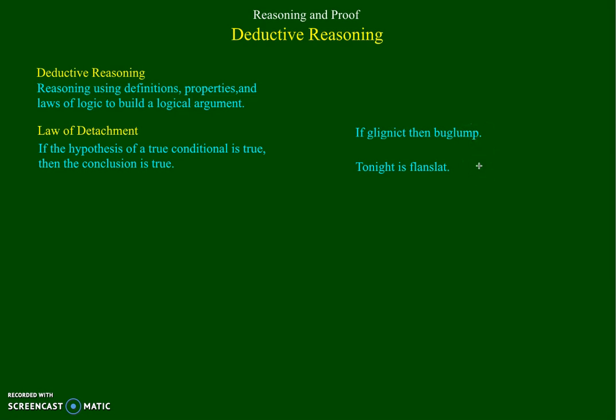So let's look at one final example, and hopefully you'll have this down. The conditional statement says, if two segments have the same length, then they are congruent. We would classify this as a true conditional statement. This is basically the definition of congruent line segments. The fact is length of segment AB is 5. The length of segment CD is 5. Using the law of detachment, what can you conclude? Well, this is telling us that we have two segments that have the same length.